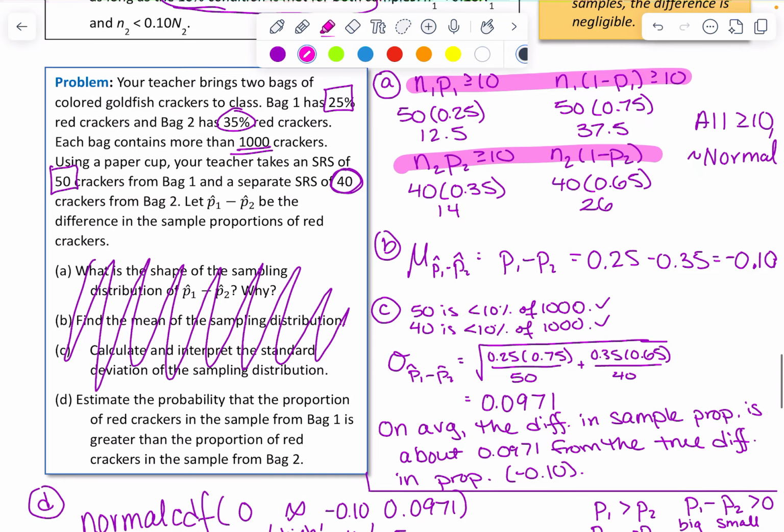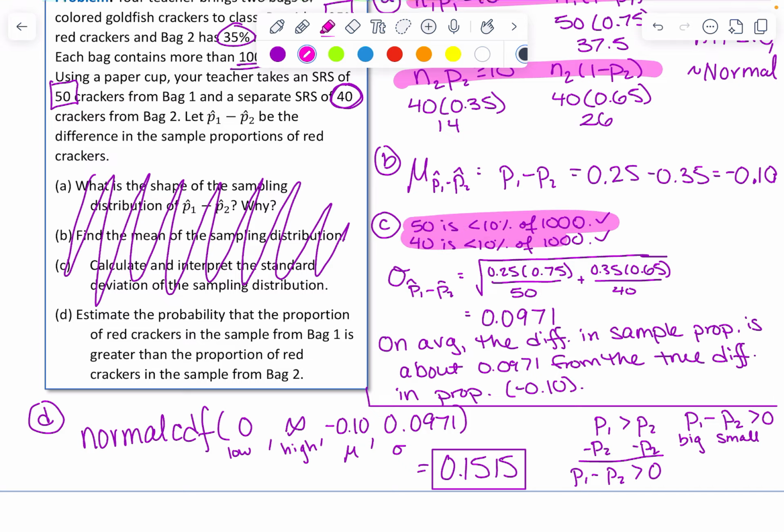You're going to need to check for independence with the 10% condition. I'm not telling you straight out that you have to find the mean, but you're going to need the mean to do normal CDF, and you're going to need standard deviation to do normal CDF. So while you don't have to find them as obviously as in this one, like I said, part B, find mean, part C, find the standard deviation, you do have to do it to do normal CDF.